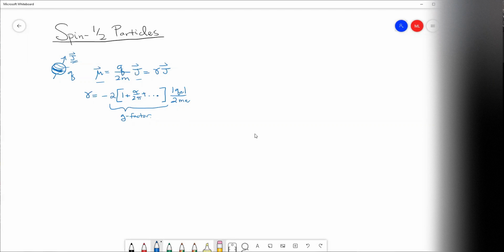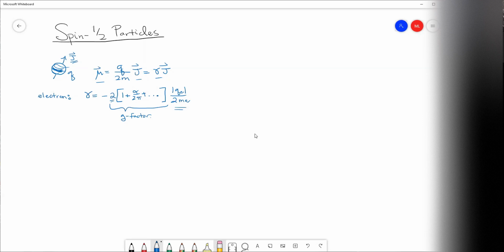And for an electron, as it turns out, it's not just the charge over 2m. This is a sort of classical analysis. If you do the full analysis, including effects of relativity and so forth, what you find is that the constant of proportionality is actually off by a factor of 2.